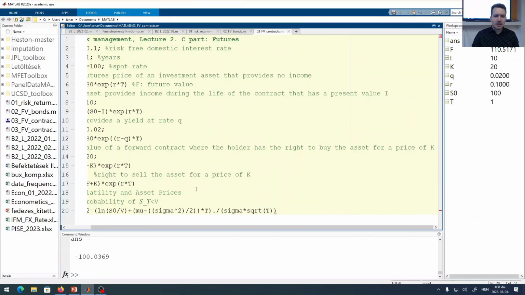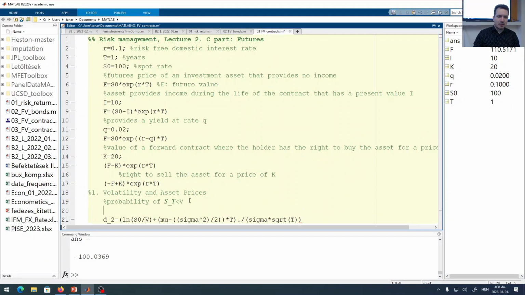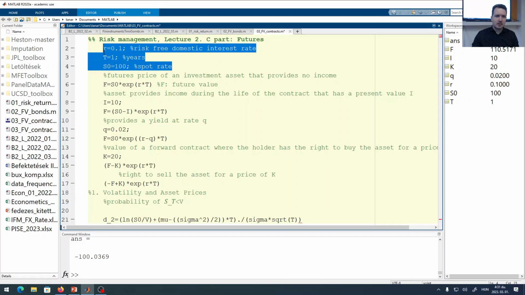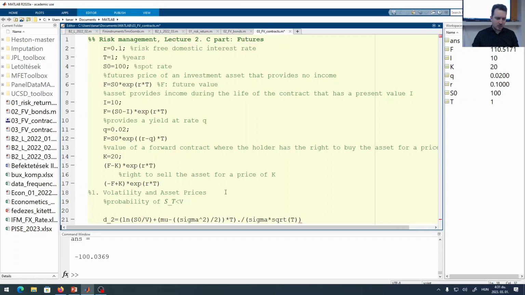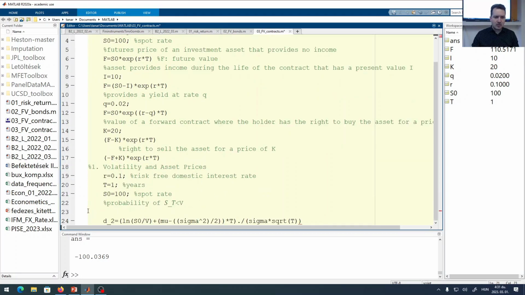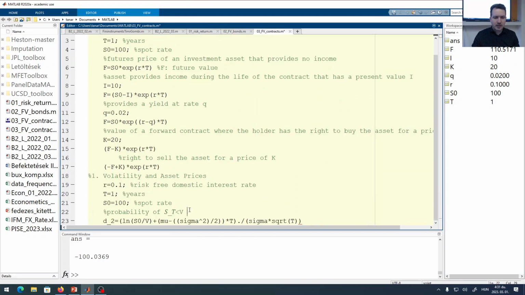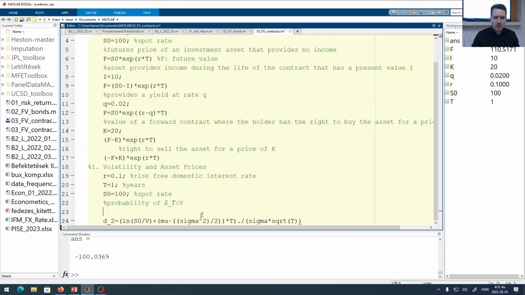Okay, so after that, let's see what kind of inputs we need here. We already have the spot rate. Let's copy everything back again, because it's more elegant to see it. And also we have the mu, which is 0.